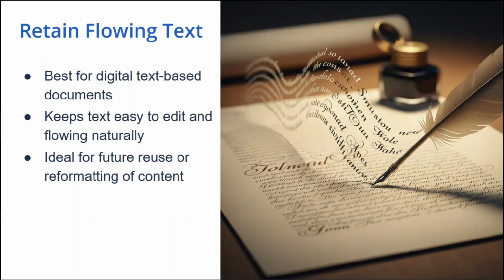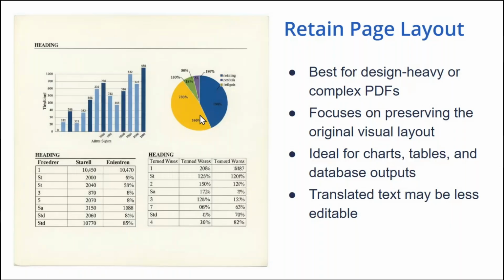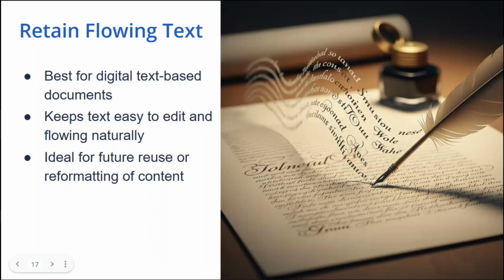So you will not have many issues, or you will not have issues at all. Keep in mind that flowing text mode may not preserve the original visual layout as precisely as the next mode we are gonna see. But if your priority is to edit or reformat the translated content, this is the way to go.